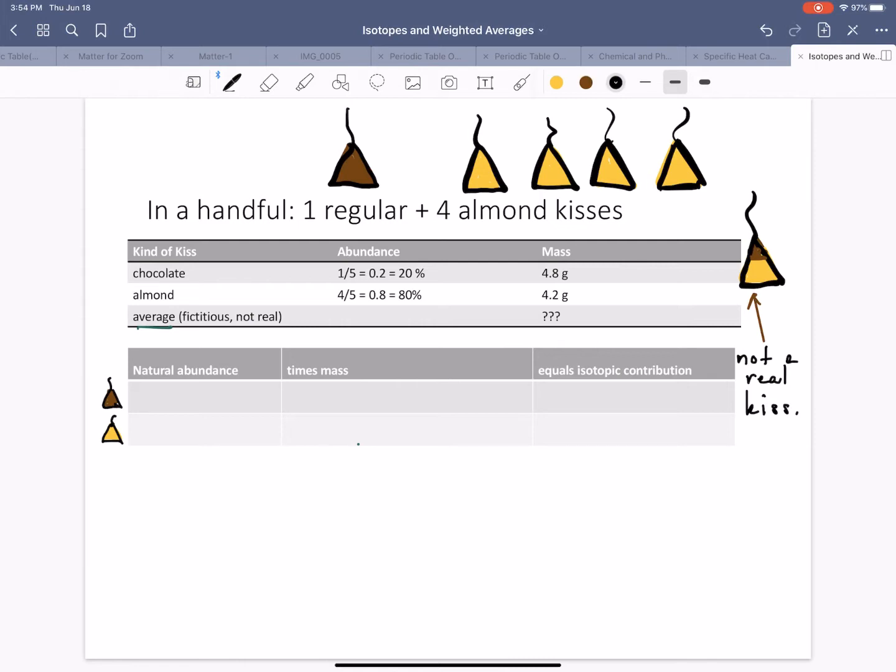So if I consider what is the average kiss in my house, well, 1 would be chocolate and 4 would be almond. Let me add those together and divide by 5 to see what the average is.